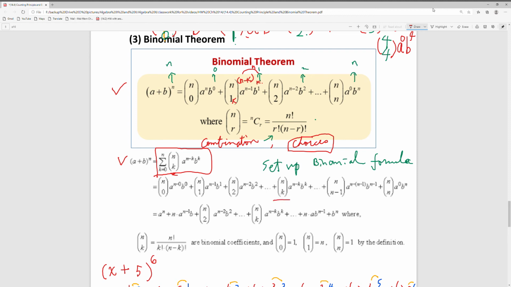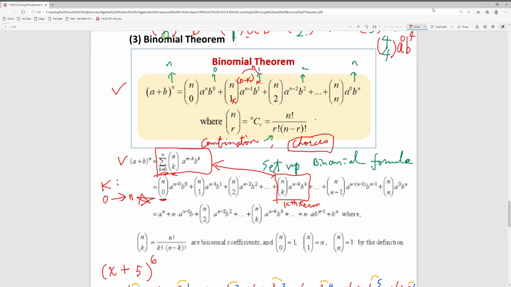So you can use this idea. Okay, this happens to be the formula here, the k-th term. The k-th term will be the formula for your sigma notation, and the k starts from 0. That's very important. k starts from 0 to n. From 0 to n.